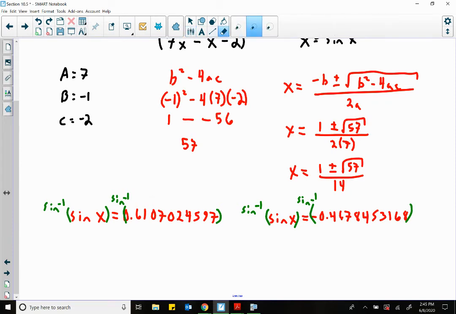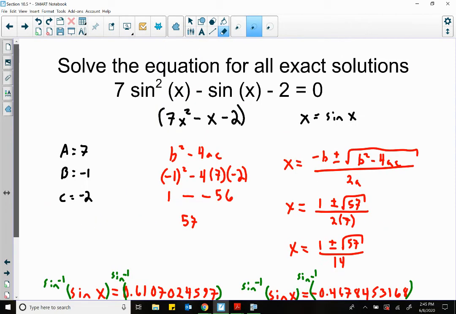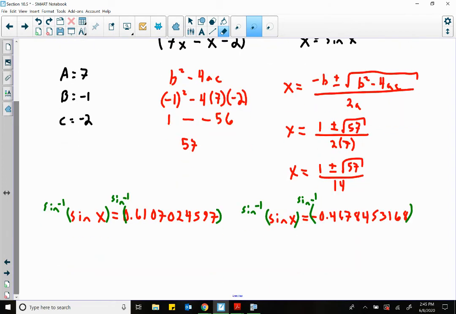Okay? And up here, again, it wants all exact solutions. They're going to want you to keep this in radians on this problem. I know that for a fact. So you're going to be staying in radians. I did everything in radians, but it's not hard to make stuff in degrees. There will be some degrees on there.